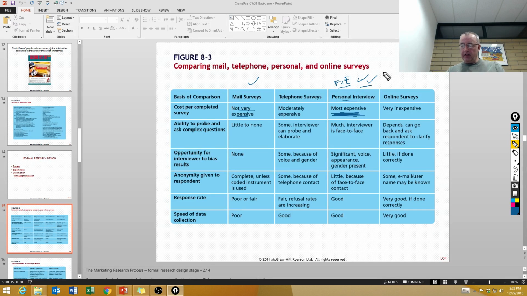But a drawback of mail surveys is that respondents tend to have either a strongly positive or negative experience with the product, and since they're the people that are most likely to respond to the survey question, the views of those people might not be representative of the typical consumer, and so the results might be biased.